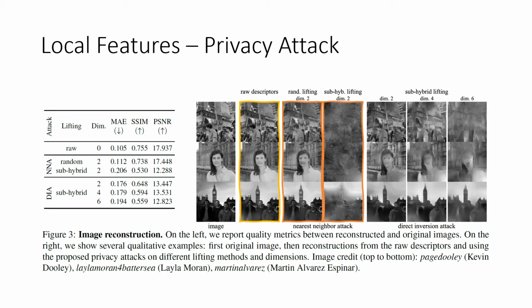As previously mentioned, random lifting is vulnerable to simple nearest neighbor attack, while the hybrid approach is resilient due to adversarial samples. The direct inversion attack is able to reconstruct some parts of the original image, but the quality is significantly deteriorated. Furthermore, distinguishing details such as faces or text are heavily perturbed and become non-existent for higher lifting dimensions.